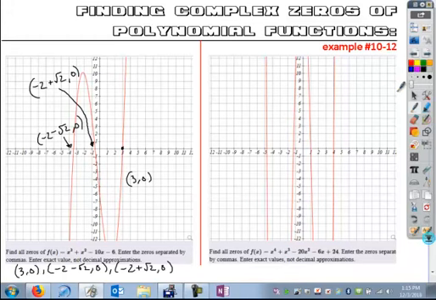Again, when you can see the graph and you're able to identify that the number of times the graph crosses through the x-axis corresponds to the zeros, then you know each one has a multiplicity of 1, and there's going to be no imaginary zeros. But if this only passed through the x-axis twice, but the power was a 4, then you would expect that you are going to have some imaginary zeros.